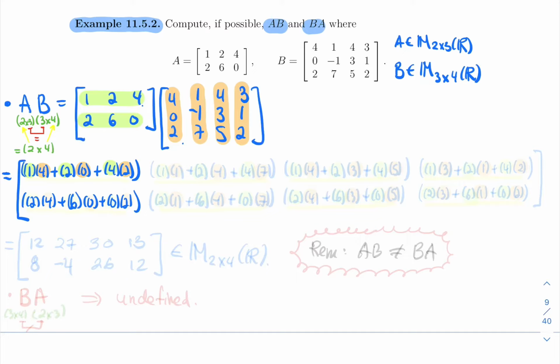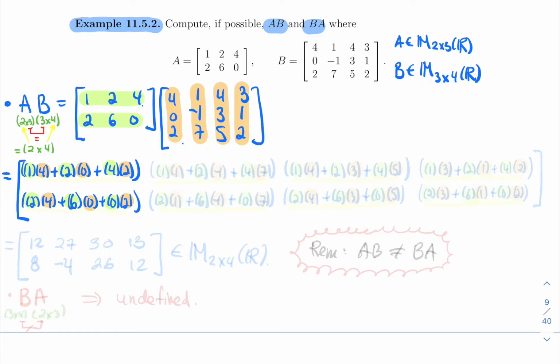Again, if I'm using colors, I can label the row numbers in A, in the second row, 2, 6, and 0, and then the numbers in the first column, 4, 0, and 2. And I'm just doing the dot product. And then I just have to continue for every single column, so it's rinse and repeat.